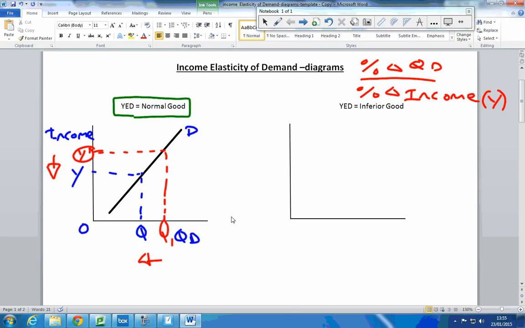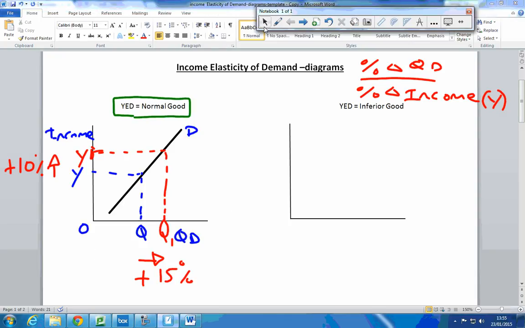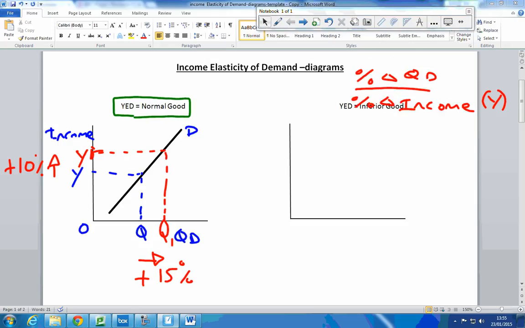So let's give some examples here with some numbers. Let's go back to our first example where Y was increasing to Y1. So there's an increase in income. Let's say that's a plus 10% rise in people's income, causing, let's say, a plus 15% change in quantity demand. All we have to do now is put these into the formula.